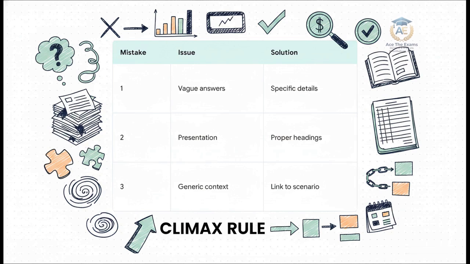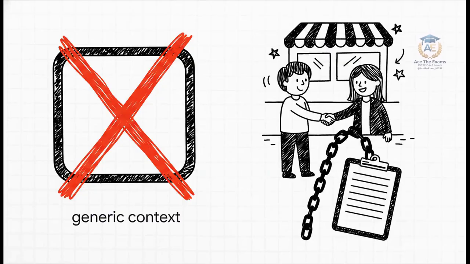And finally, mistake number 3, generic context. This is, without a doubt, the deadliest trap of them all. In fact, we need an official examiner alert for this one, because it's the ultimate climax rule of the syllabus. The deadliest, most classic mistake is providing generic, textbook answers that are completely detached from the specific question context. You literally cannot just regurgitate memorized textbook definitions about why profit-sharing ratios change in a vacuum.